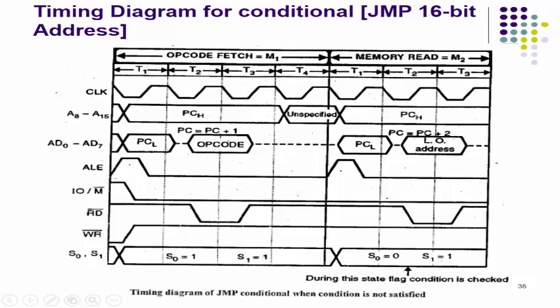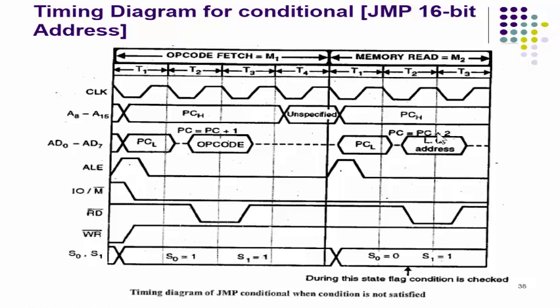In the second machine cycle, memory read machine cycle, during this particular T state, that is T2 T state, the processor will check whether the condition is true or not. Suppose the zero flag is equal to 0, as far as the previous example JZ D800, jump if zero, is concerned, that means the condition is not true, then the program counter gets incremented by 2.